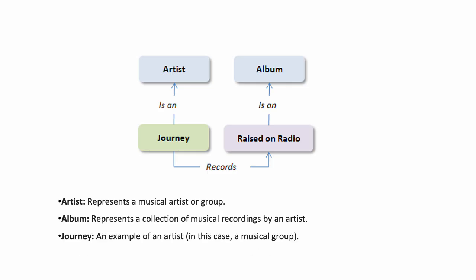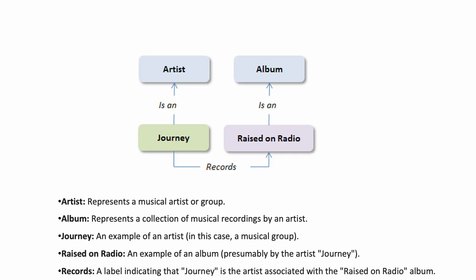And we can see Journey, an example of an artist, in this case a musical group. Raised on Radio is an example of an album, presumably by the artist Journey. And Records is the label indicating that Journey is the artist associated with the Raised on Radio album. So we can see a relationship here.